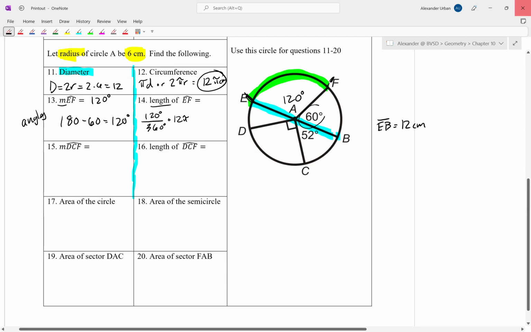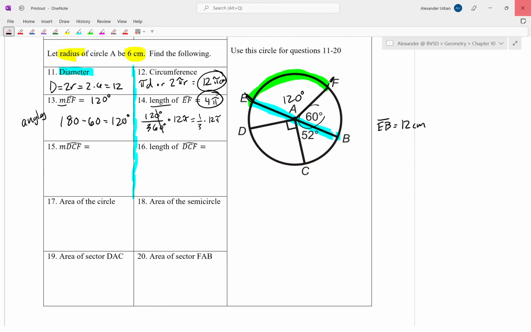You can always plug this into a calculator in one fell swoop, but I'm going to keep it in terms of pi. 12 over 36 is really 1/3. 1/3 of 12 pi is just going to get me 4 pi. So that is my length of E to F, that outside measurement, which is in green.